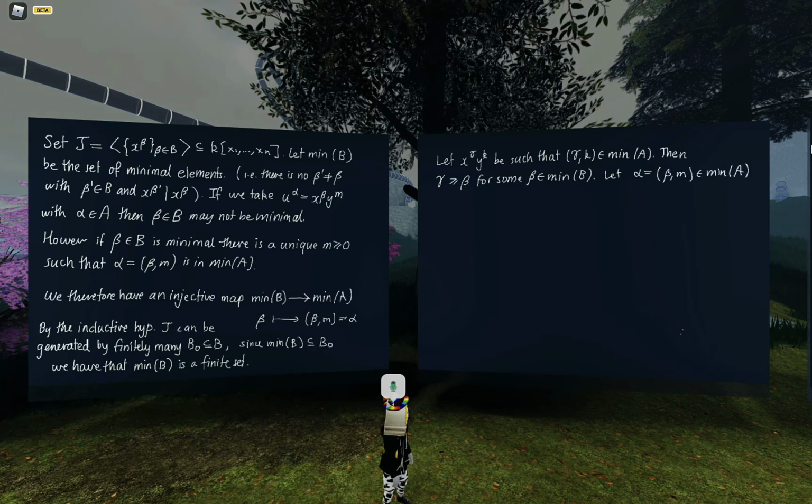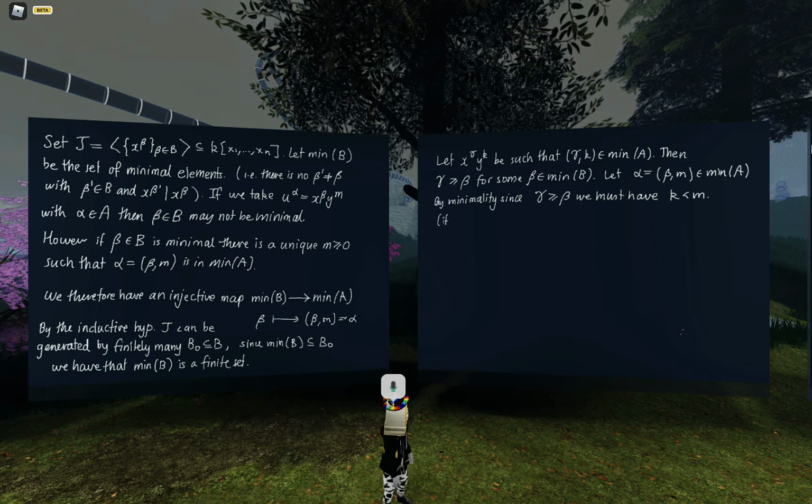Look up from that beta and find the minimal element of the 3D picture that's above it, the unique corner that's above that beta. Call that alpha. Now, since gamma is greater than or equal to beta, we must have k less than m.